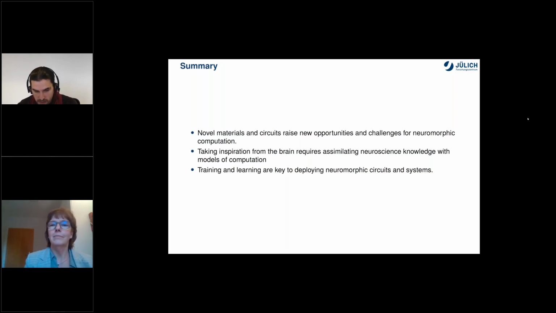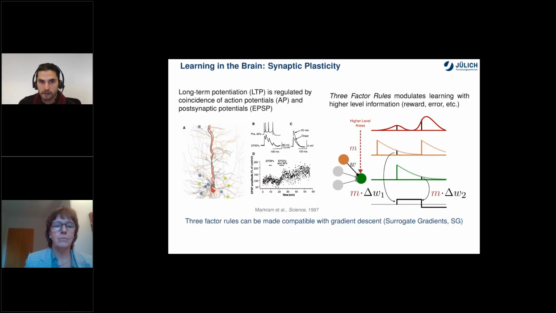On the other hand, if you use these surrogate gradient approaches that make updates based on high-level inputs, then of course you need to find clever ways to propagate this information back to the neuron, and that is a matter of research.